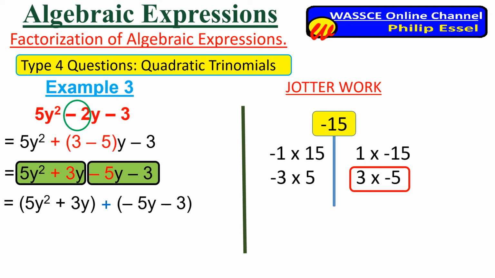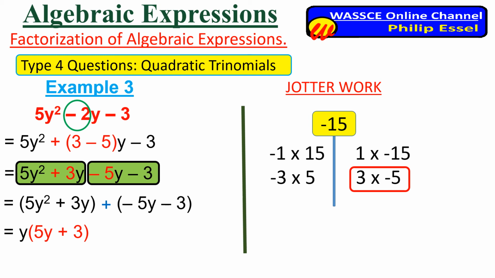So we would first factorize the bracket 5y squared plus 3y. When we do that, we would get y outside of the bracket, then inside the bracket we would get 5y plus 3, bracket closed.